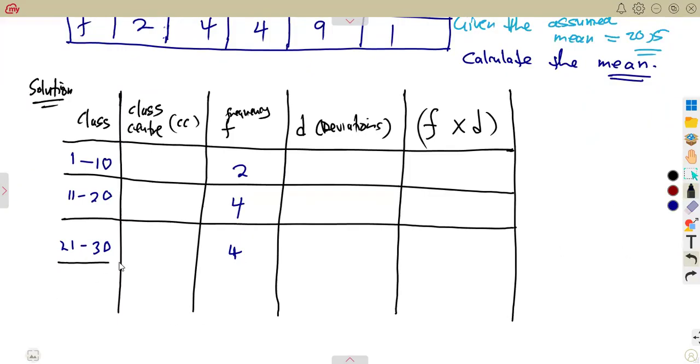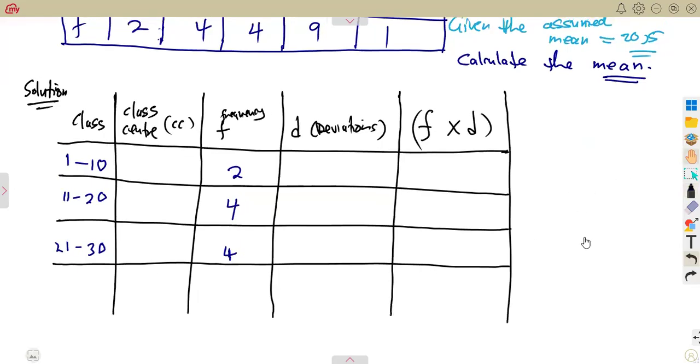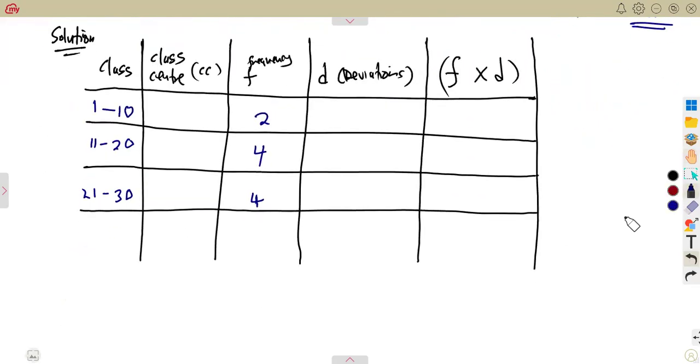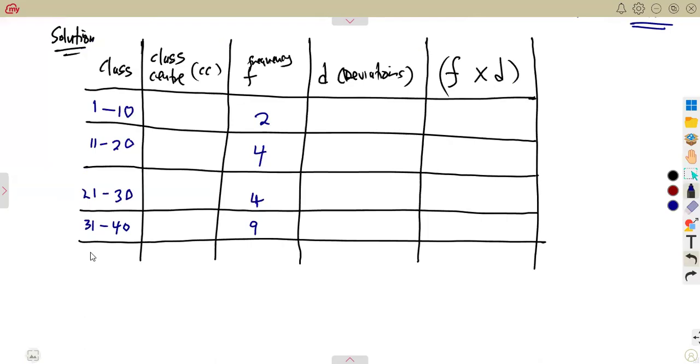So we move on to another one. 31 to 40, that was a 9 there, that was the frequency. And the last one was 41 to 50, and the frequency there was a 1.